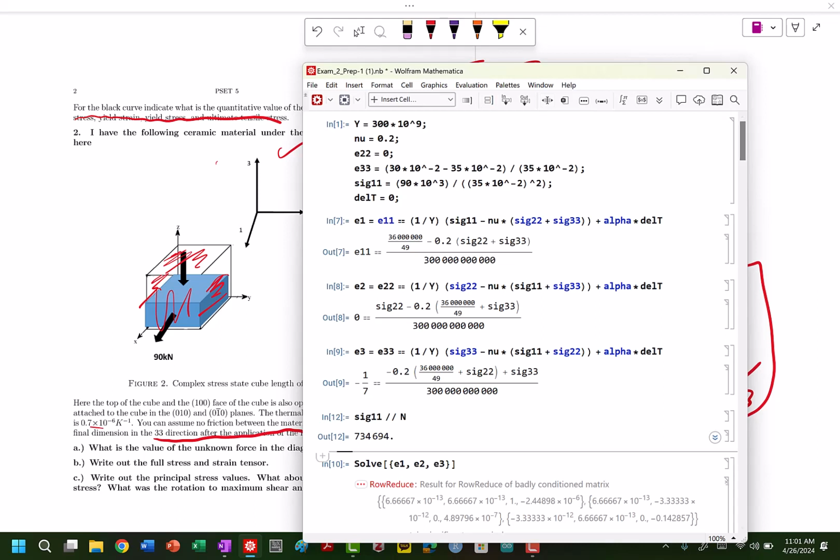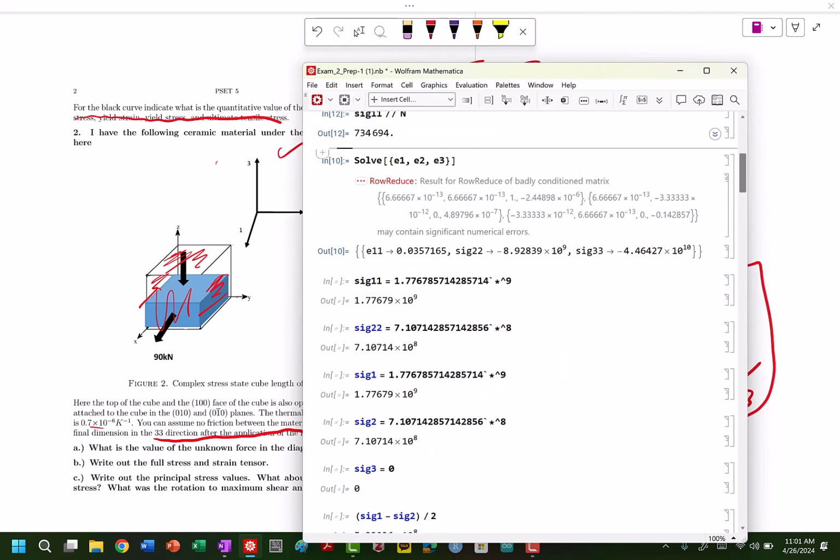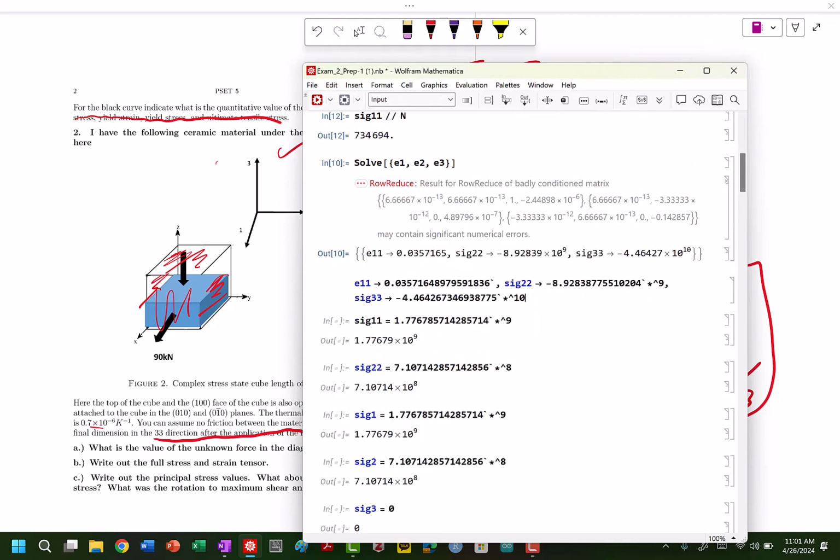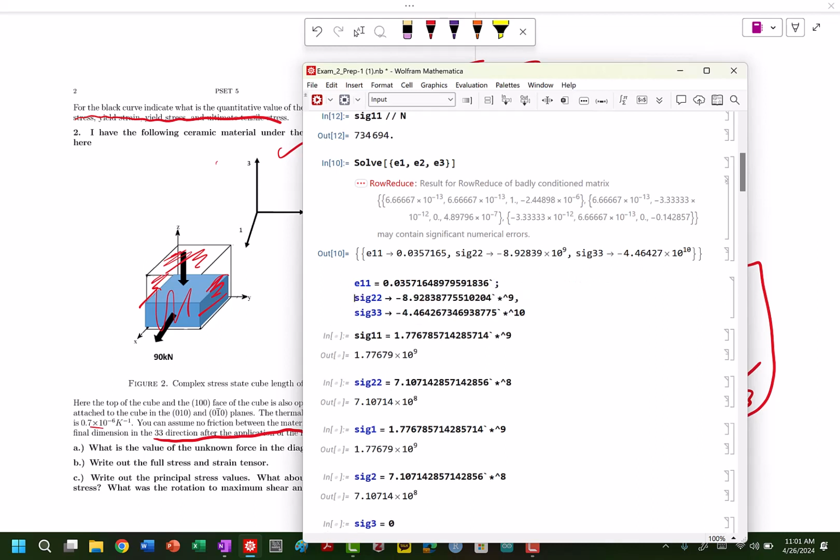Fantastic. So we're actually asked for the force in the diagram. So we know now, actually I'm going to define it right here. I'm going to pull out basically all these values so that we can show that this equals this. We'll show that sig22 is this, and then we will show that sig33 is equal to this. Good.